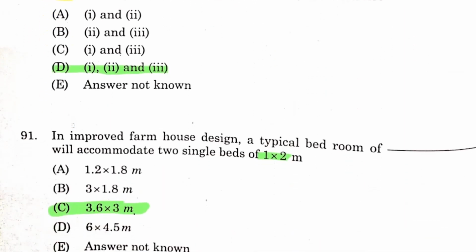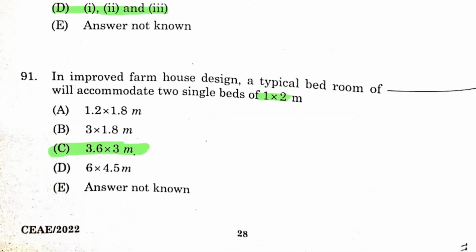Option number D is correct. Next, in improved farmhouse design, a typical bedroom will accommodate two single beds of 1 cross 2 meter. So that is 3.6 cross 3 meter.